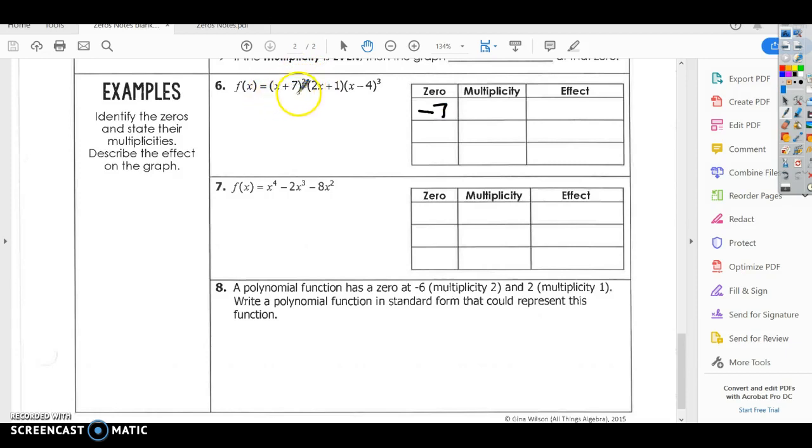This is your linear factor. It occurs 2 times because it's got an exponent of 2. So your multiplicity is 2. And then the effect comes from the multiplicity. If it's even, remember, it turns. Let me try to do a little better.